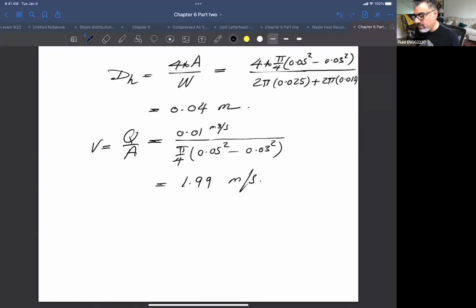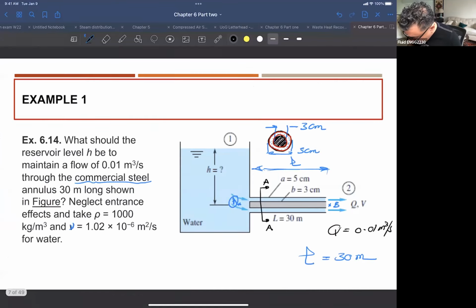So it looks like I have the velocity and I have the diameter. In order to calculate these heads, I can assume the Bernoulli equation between A and B. A is a point inside the tank, and B is a point just outside of the pipe.